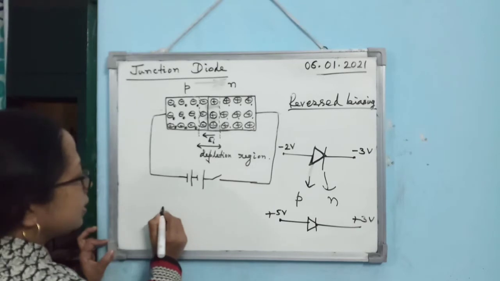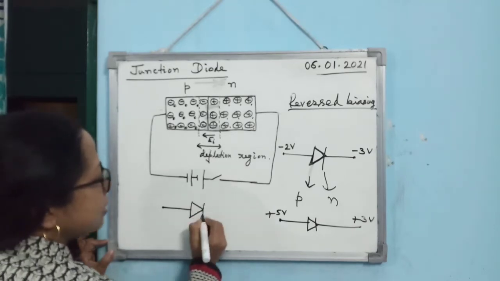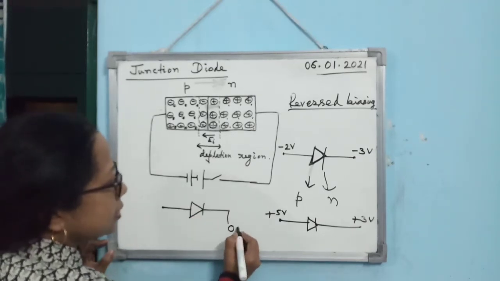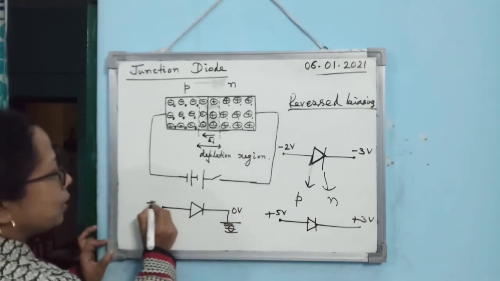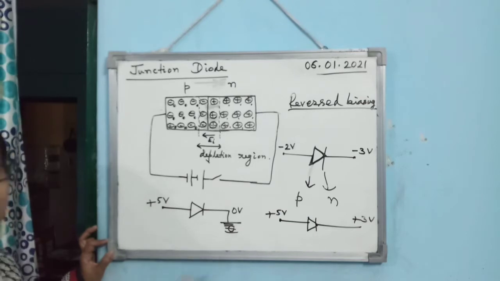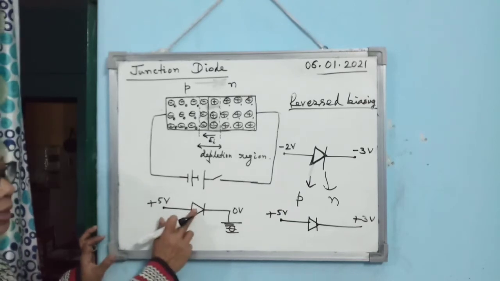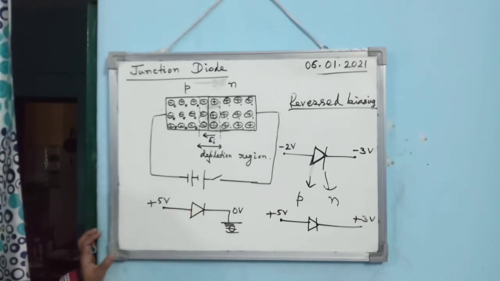Then if this is 0 volt, connected to the ground, and this is plus 5 volt, it is also forward biased, because the P region is at higher positive potential.